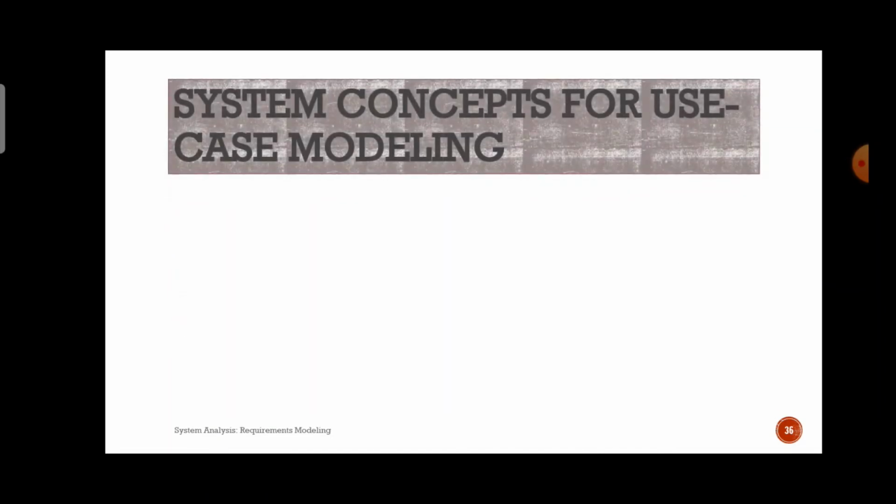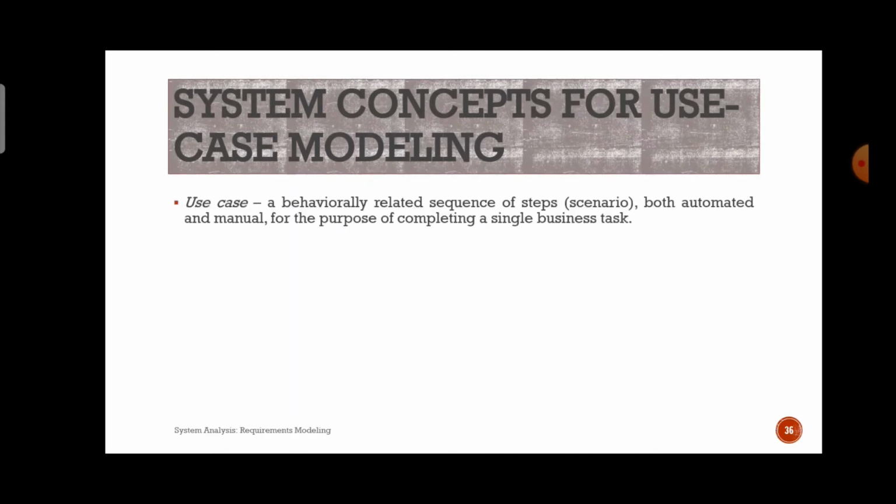So, system concepts for use case modeling. A use case is a behaviorally related sequence of steps or scenario, both automated and manual, for the purpose of completing a single business task.